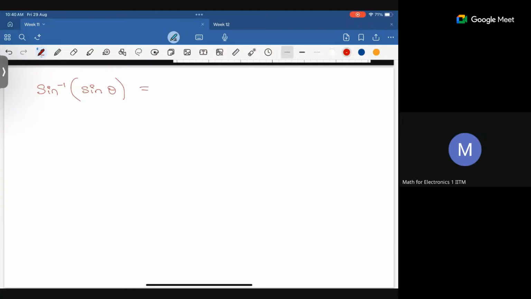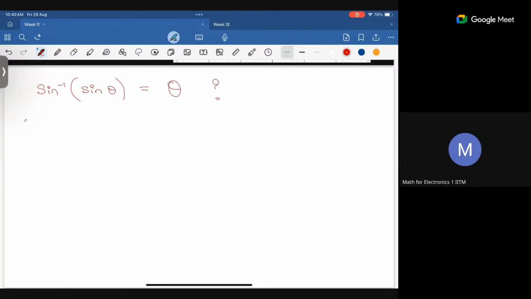What do you think this will be? Will this be theta? Yes, sir. It depends upon the range we are taking. Correct. So I didn't mention anything about theta.